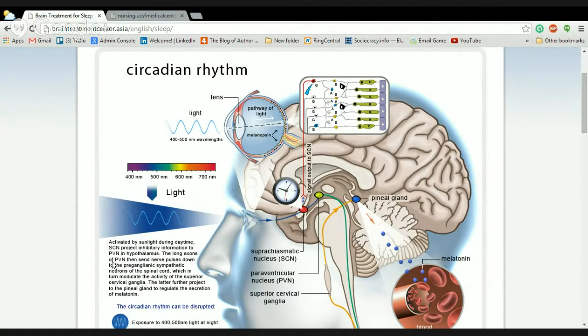The long axons of PVN then send nerve pulses down to the preganglionic sympathetic neurons of the spinal cord, which in turn modulate the activity of the superior cervical ganglia. The latter further project to the pineal gland to regulate the secretion of melatonin.